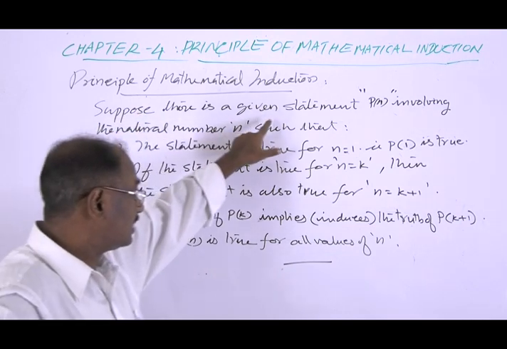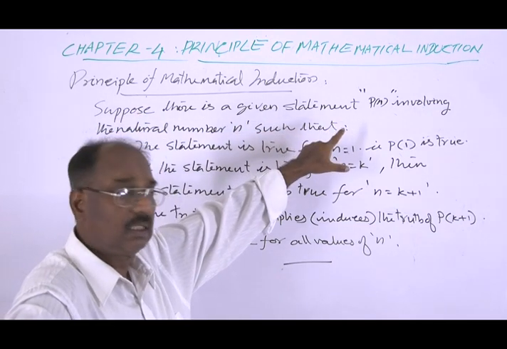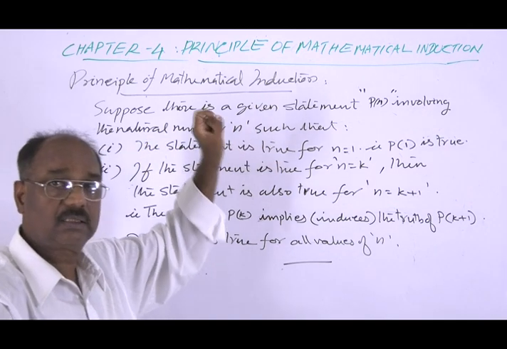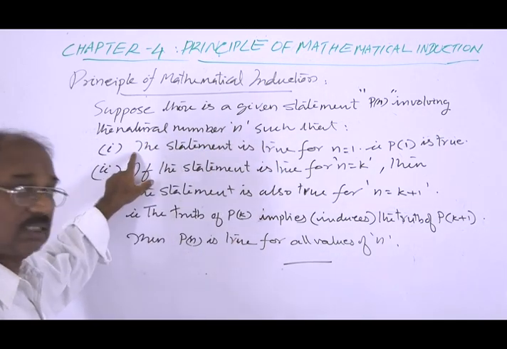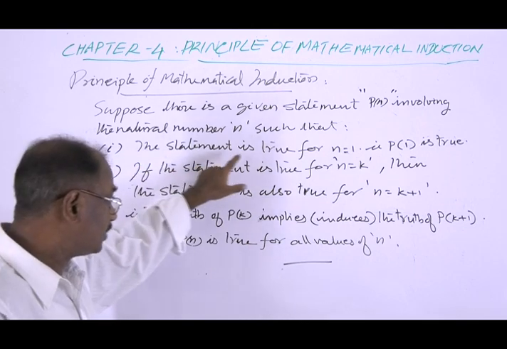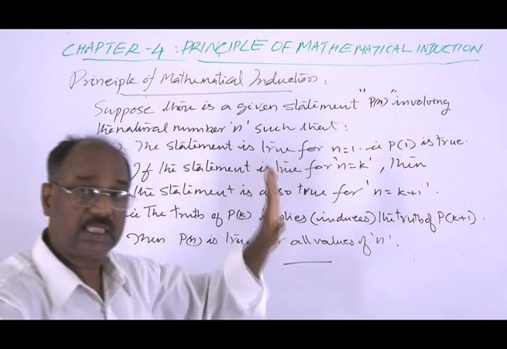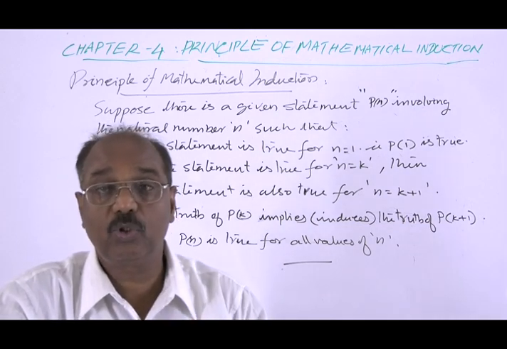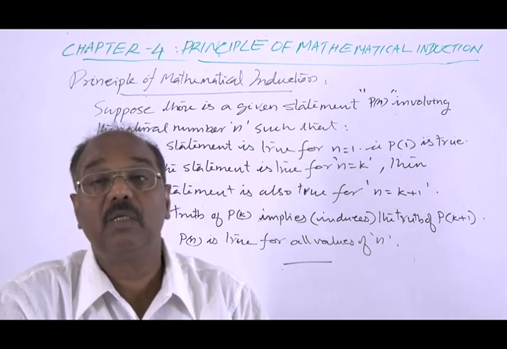That is, suppose there is a given statement Pn involving the natural number n such that 1. The statement is true for n equal to 1. That is, P1 is true.